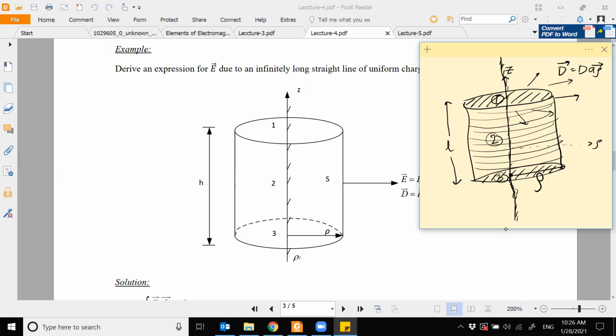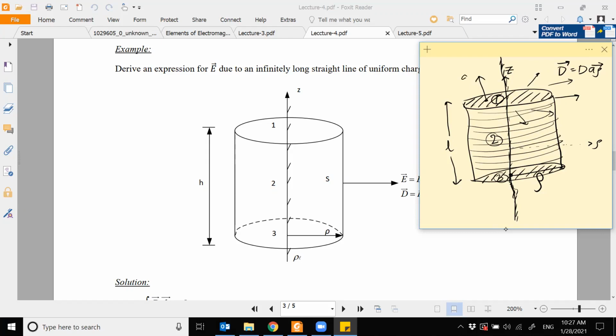It will be pointing upwards, because it's a closed surface, so the unit normal will always point outwards.